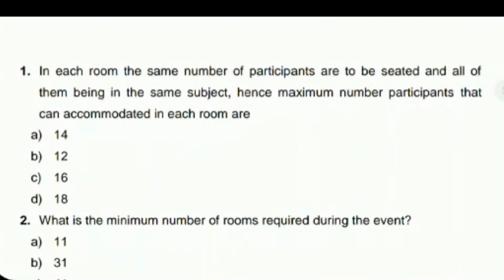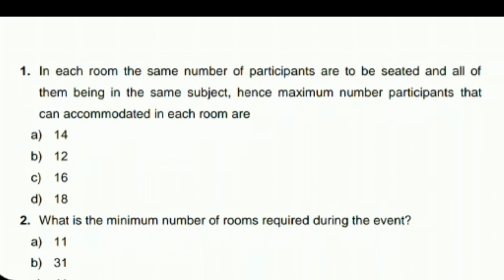In each room the same number of participants are to be seated, all of them being in the same subject. Hence, the maximum number of participants that can be accommodated in each room is. So now let's try to understand whether we have to find HCF or LCM.